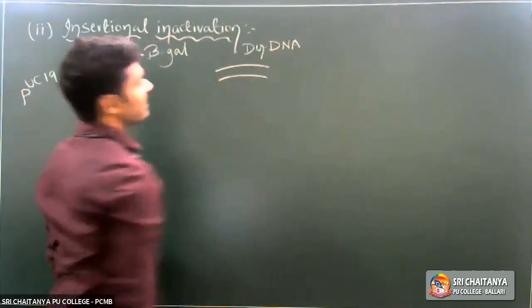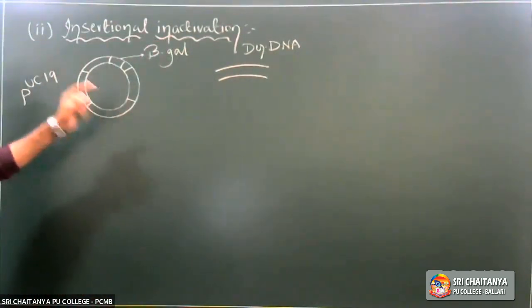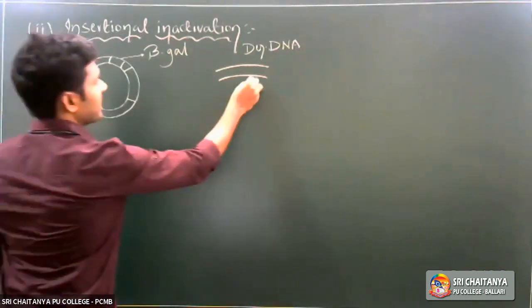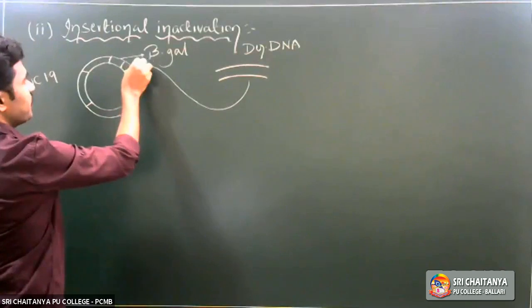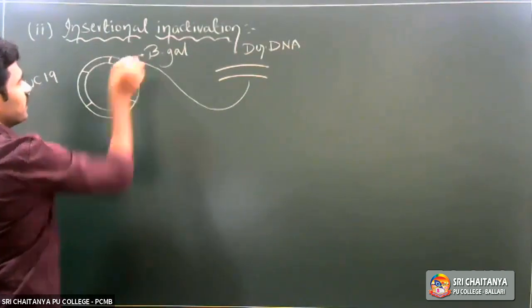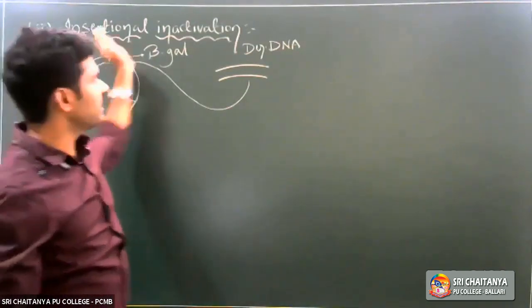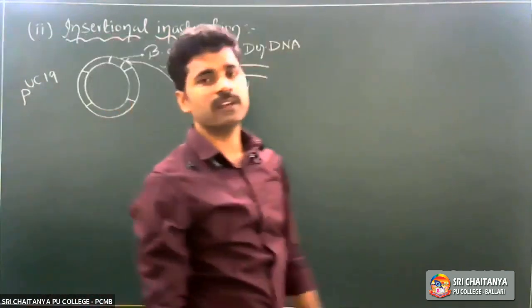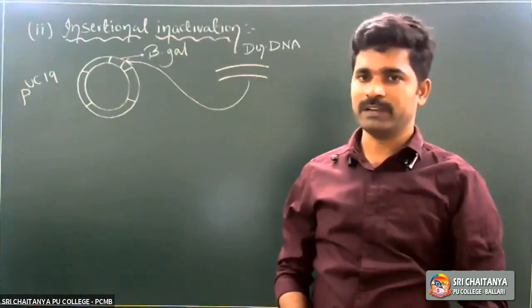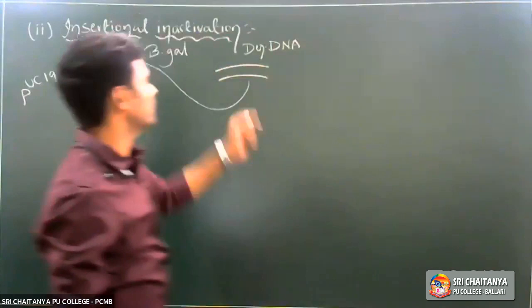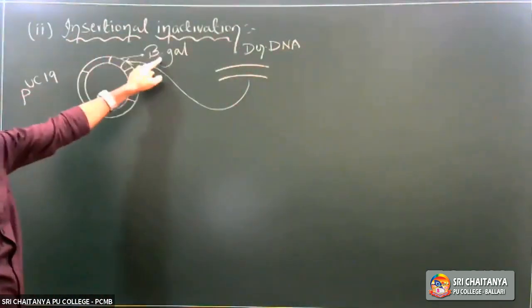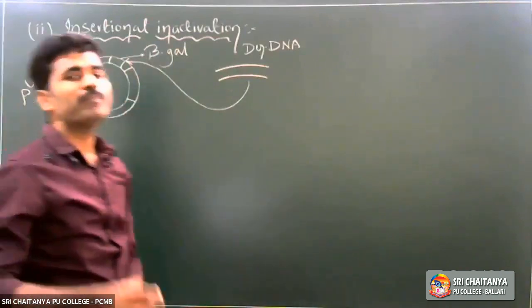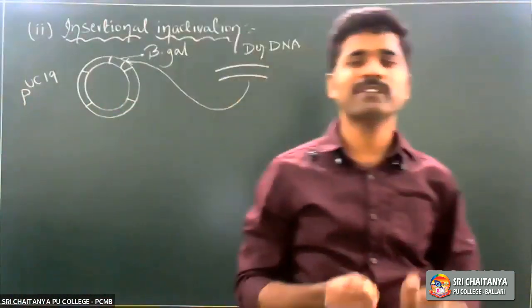We need to insert the desirable DNA or gene at the place of the beta galactosidase enzyme sequence. By using restriction endonuclease enzymes, both pUC19 and the desirable genetic material are fragmented. After the fragmentation process, the desirable DNA is inserted into the pUC19 vector at the place of the B-Gal sequence.